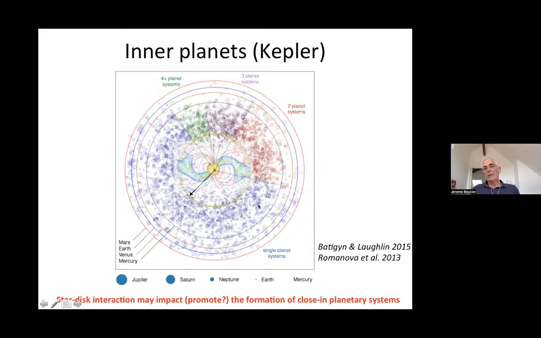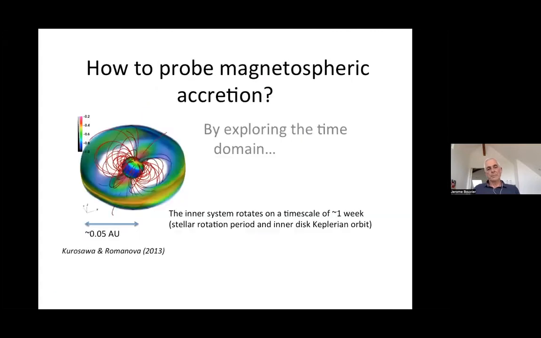They are located in the inner region of the disk, and therefore they might modify the accretion process. And in return, it might be that this magnetospheric cavity modifies or perhaps even promotes the formation of low mass planets at the disk inner edge. So that's another reason why we would like to explore this very tiny region compared to the full-scale disk around the star. So how do we do that?